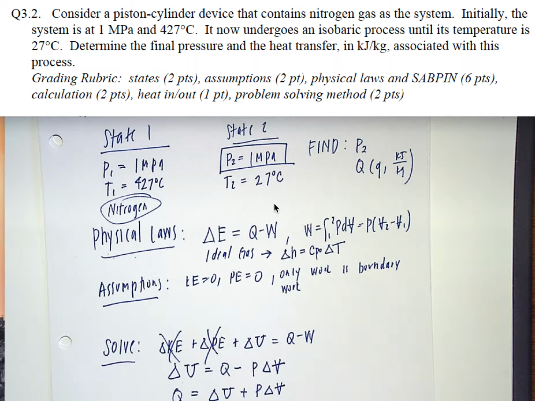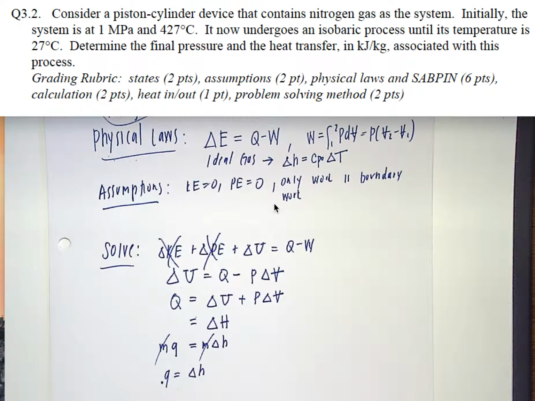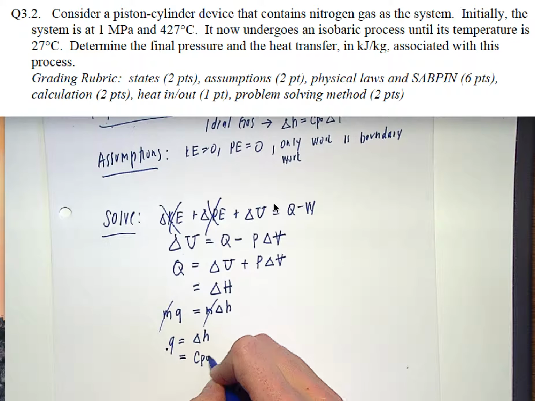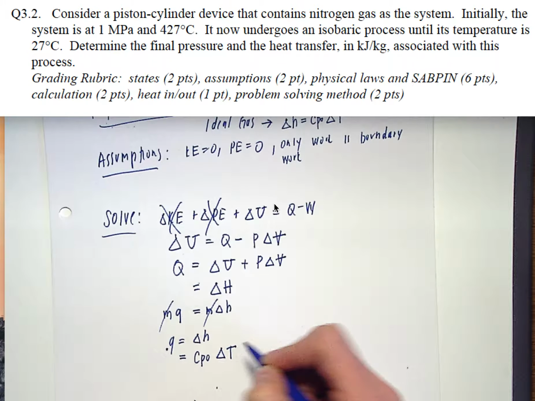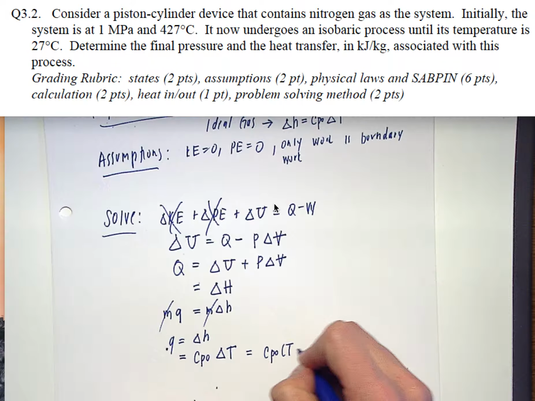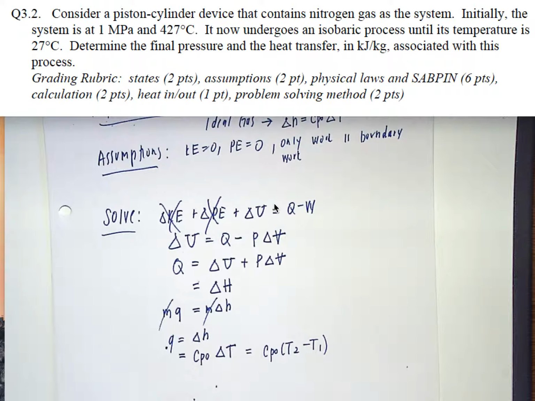So what we're going to do, since we do have temperature values, is we're going to go ahead and use that relationship. That's Cp0 times delta T. So we have Cp0 times T2 minus T1. We have T2 and T1, so we just need to look up the Cp value for nitrogen.